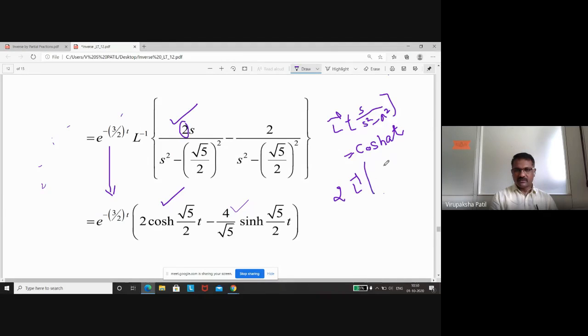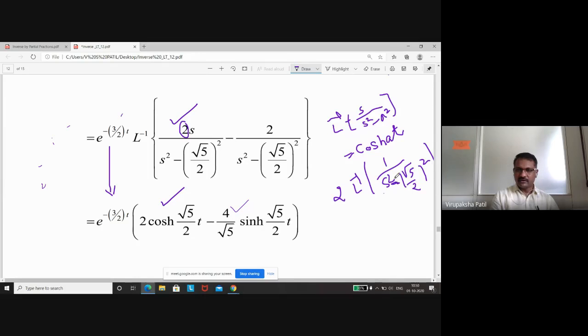inverse of 1 divided by s square minus root 5 divided by 2 whole square. Now what is this? This is of the form sine hyperbolic.